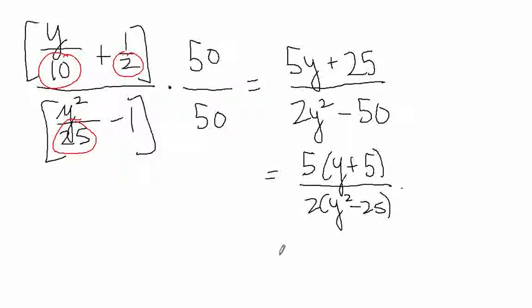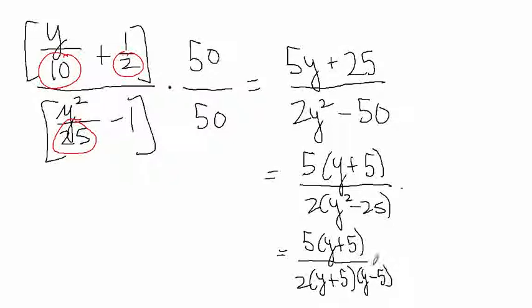But that can be further factored. Okay, and so now we can cancel the common factors. And so putting it all together, we get 5 over 2 times y minus 5.